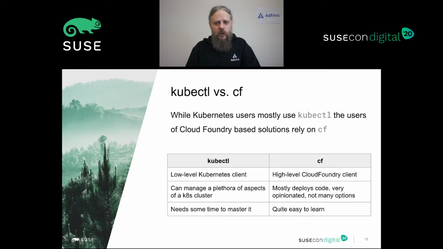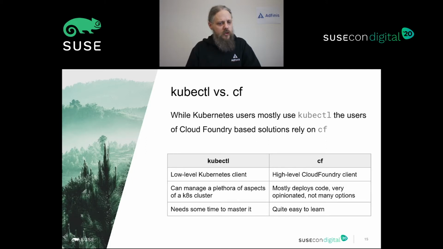While Kubernetes users mostly use kubectl, the users of Cloud Foundry-based solutions would use the CF command line client. There are a few differences, like kubectl is a low-level Kubernetes client, whereas CF is more of a high-level client. kubectl can manage a lot of aspects of a Kubernetes cluster, while Cloud Foundry just focuses on having a command line experience to help deploy stuff.